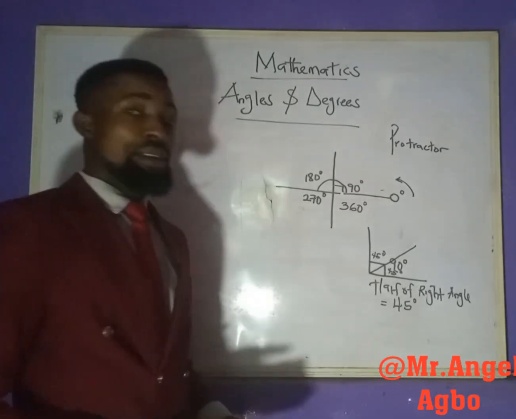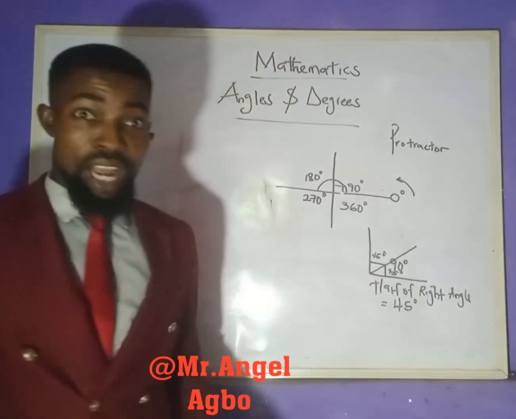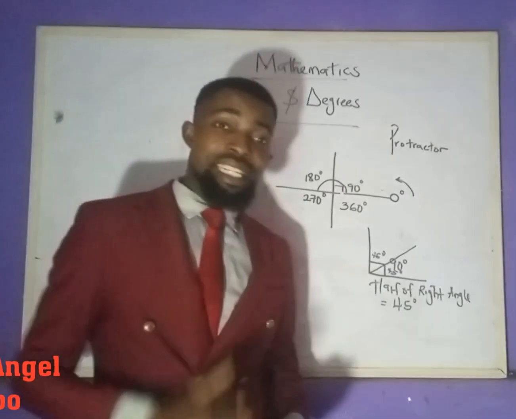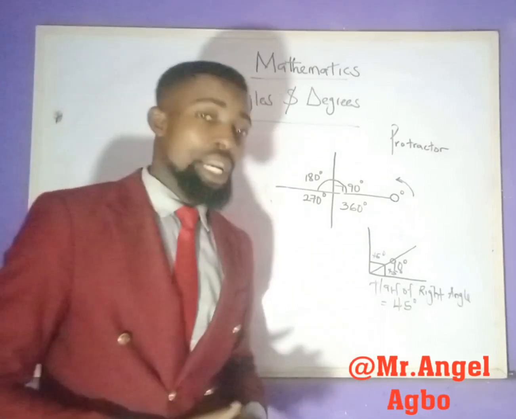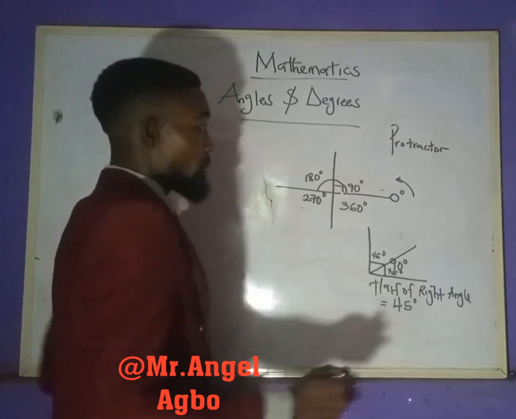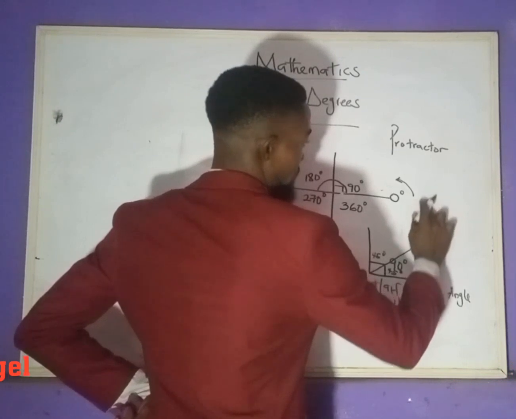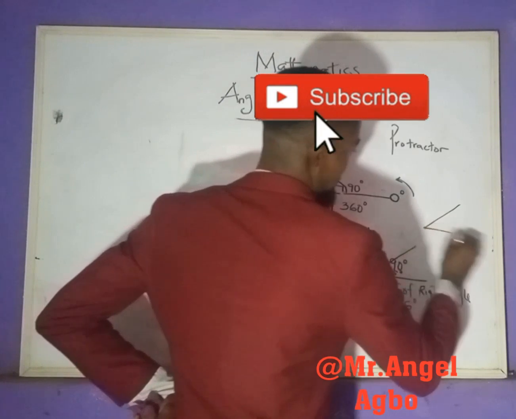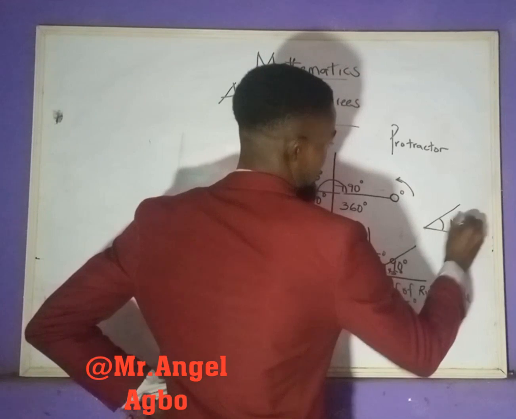And remember that in our basic knowledge of angles, we were taught that any angle that is lesser than 90 degree is an acute angle. An acute angle is an angle that is less than 90 degree. For instance, we have an angle this way. I'll call it 45 degree.